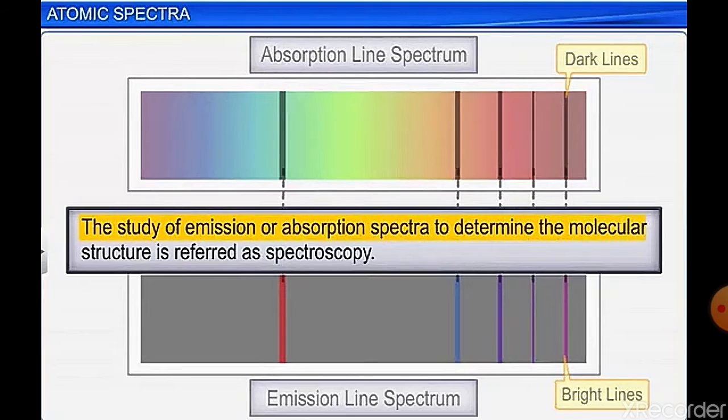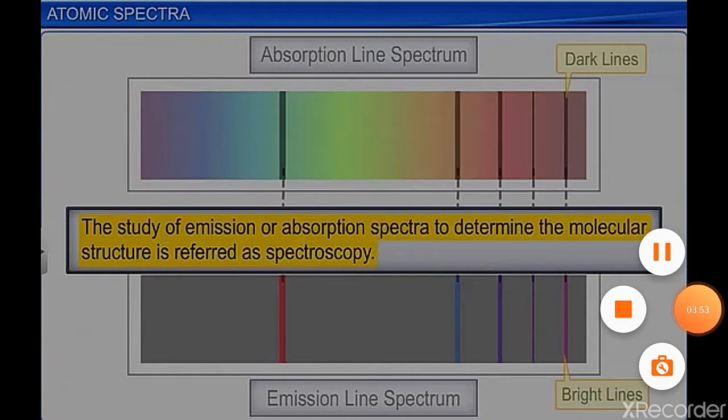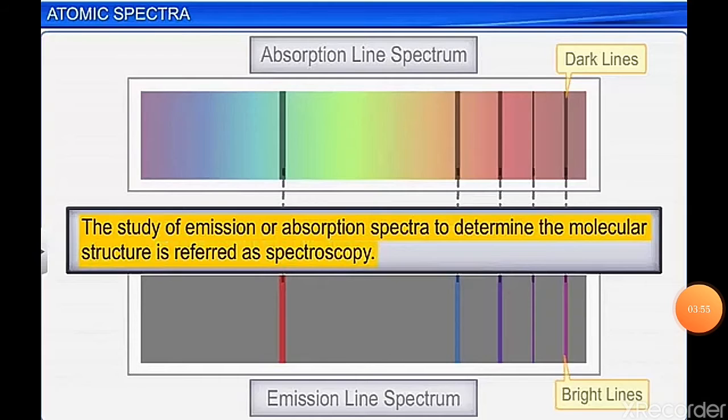The study of emission or absorption spectra to determine the molecular structure is referred to as spectroscopy. So what we understand here is that the absorption spectrum has a colorful background, and in that a few lights are being absorbed. In the places where light is being absorbed by an atom, you get dark black lines.